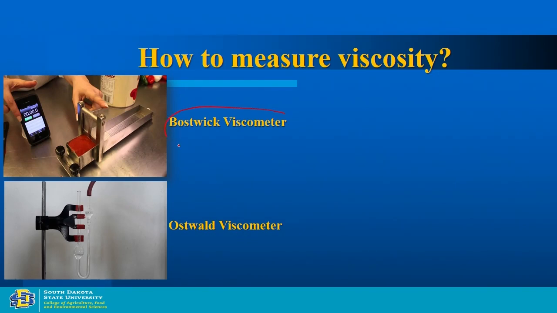Post-wick viscometer, if you want to measure the viscosity of ketchup, that is a very simple instrument. You don't need a rheometer to measure the viscosity of ketchup. You can use this instrument, and then Oswald viscometer is also there. It basically gives you one number. These things give you one number, if that's what you want.